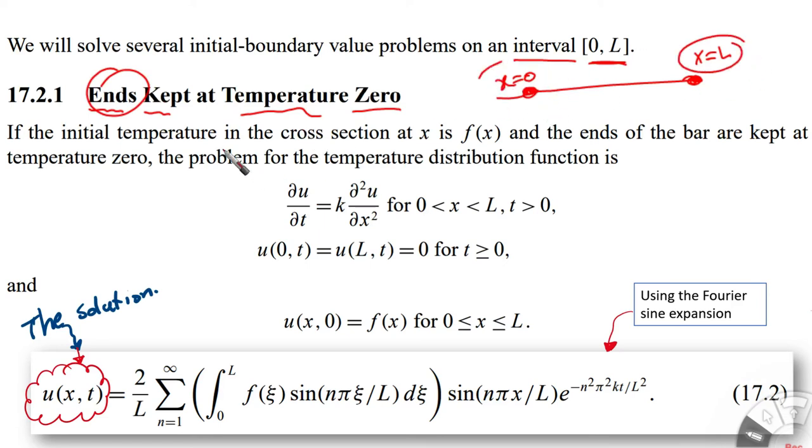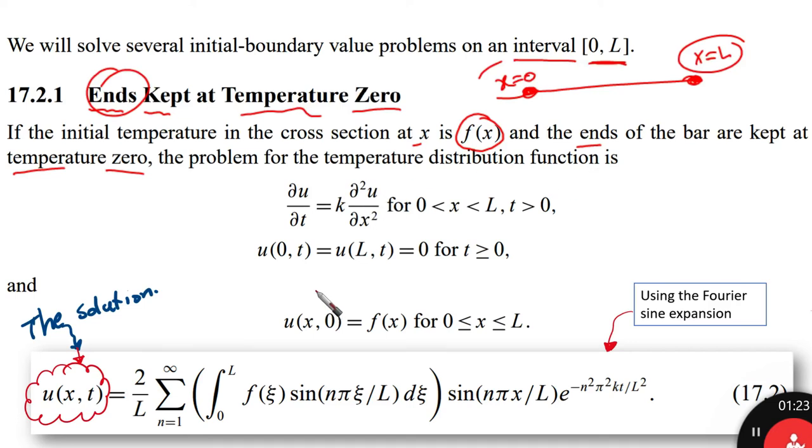Okay. If the initial temperature in cross section at x is f of x and the ends of the bar are kept at temperature 0, the problem for the temperature distribution function is going to be like this.